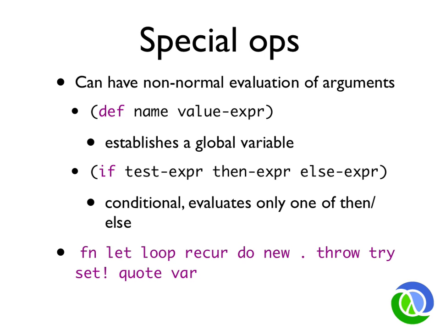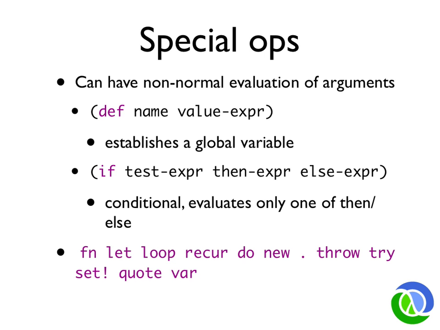So let's look at a couple. I'm going to show you 2, and then I'm going to list the rest. Def would be one. How do we establish a value for a name? There's a special operator called def. It takes a name. Now, that name is going to be a symbol. Obviously, that can't be evaluated, right? Because the whole purpose of this special operator is to give it a value.